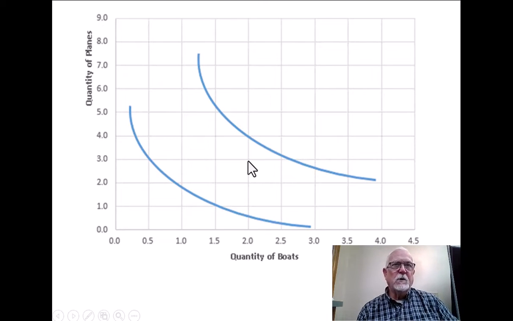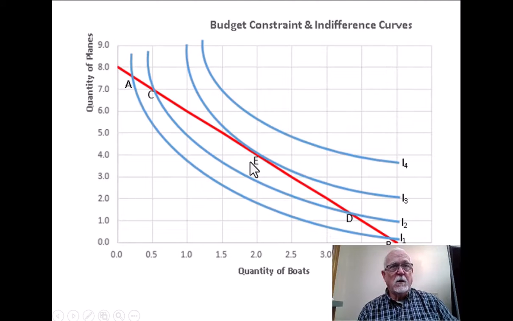So if we put together a series of indifference curves and the budget constraint, what we're looking at is achieving the highest total utility, but still being able to purchase that combination. In other words, stay on our budget constraint. And in this example, that would be point E, and I3 would represent the highest total utility indifference curve.